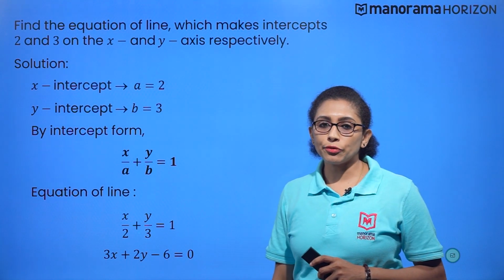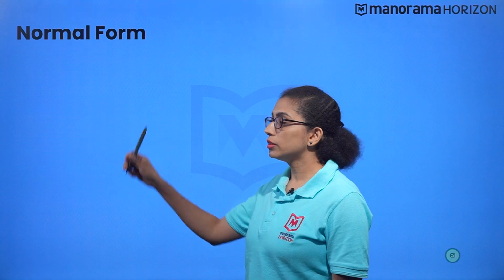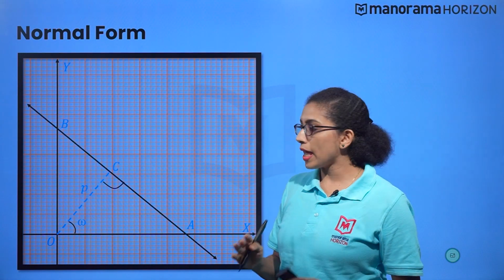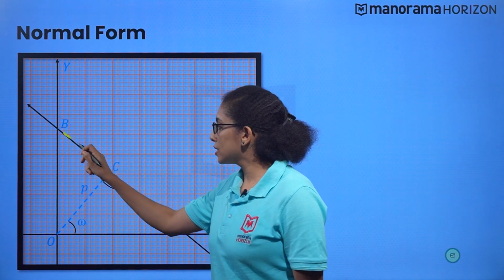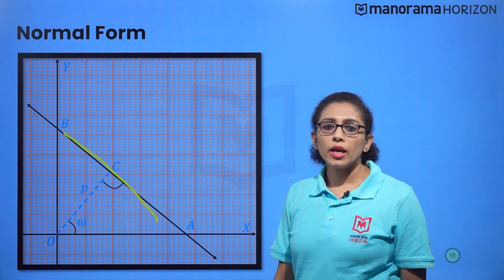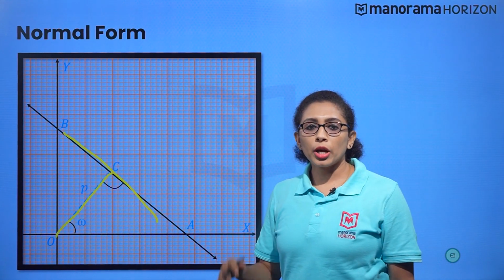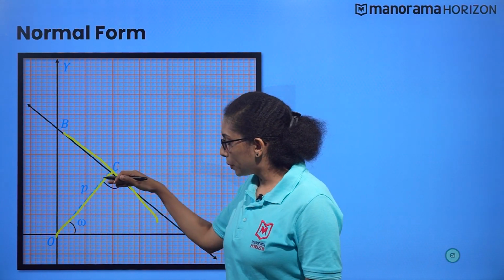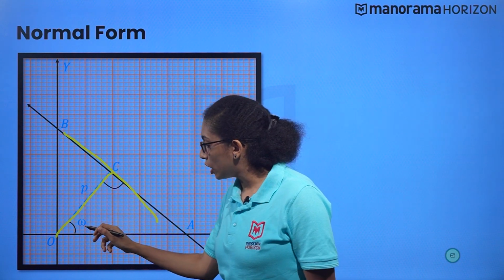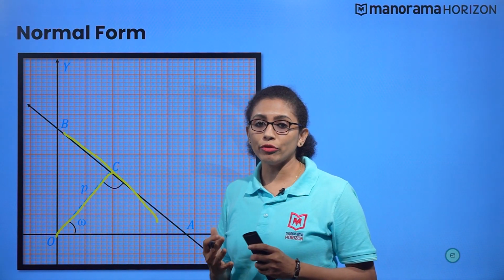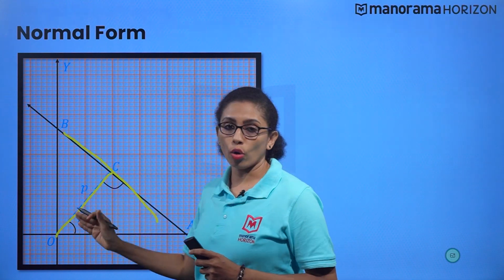And the last form we will discuss is the normal form. In the normal form, let's say this is our line, and a perpendicular is drawn from the origin and that perpendicular is making an angle omega. So in that case, the slope of the perpendicular will be tan omega.